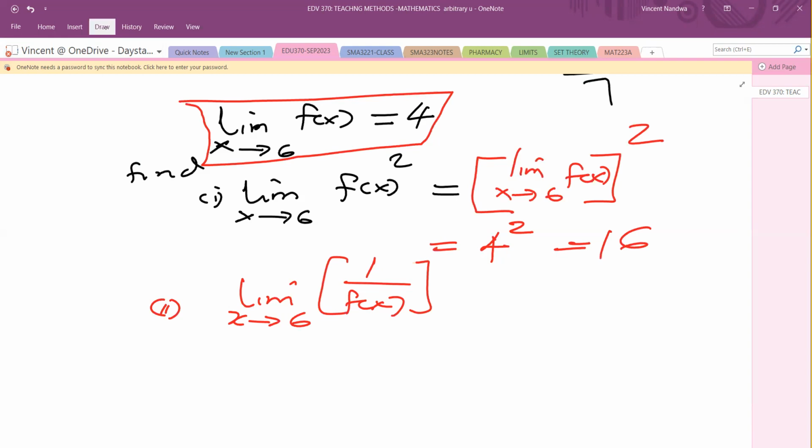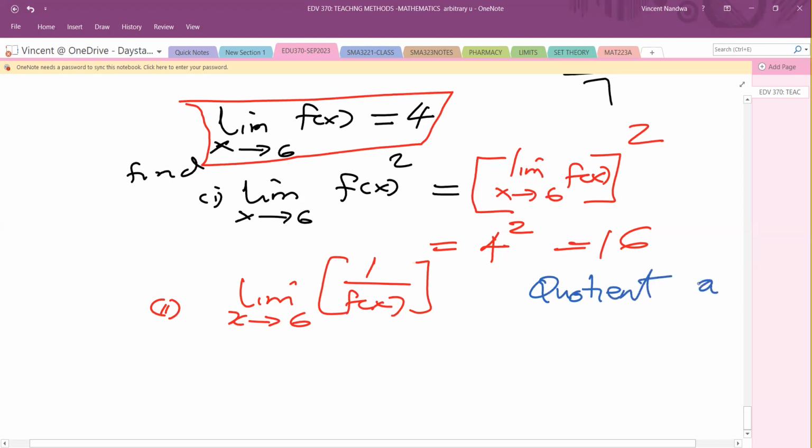So the question is, which law are they trying to test here? Quotient, because there is something that looks like fractions, right? Like they are doing division somewhere. So this is really the quotient rule. So we write this is the same as the limit of the top as x approaches 6 over the limit of the lower function f of x as x approaches 6.